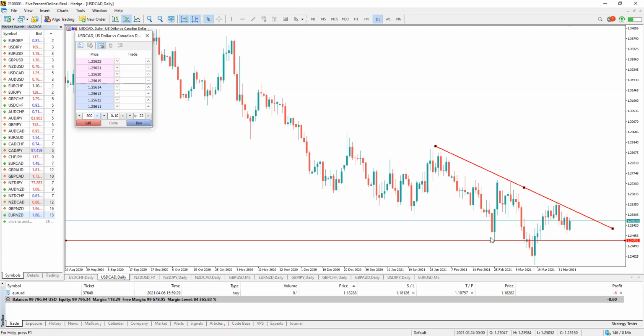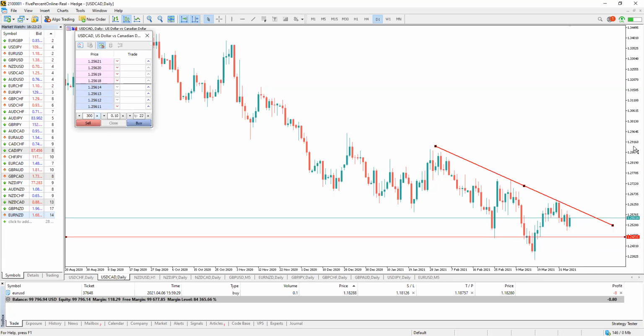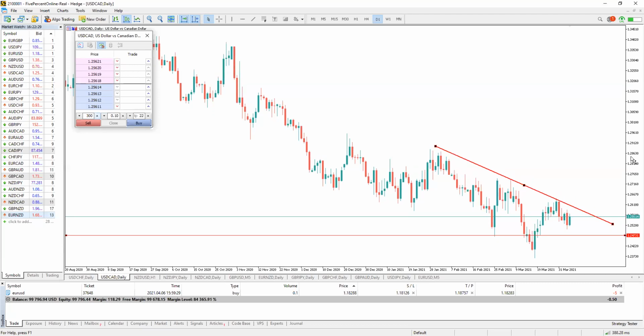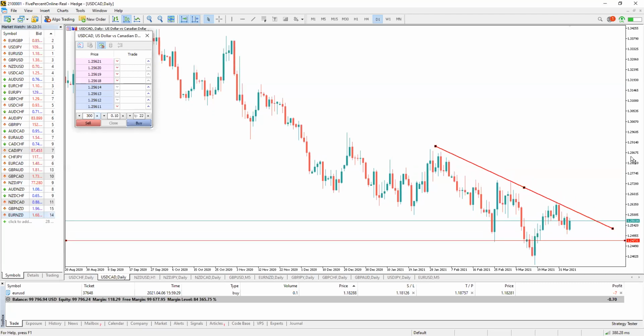Yeah, this might form a reverse head and shoulders. You're right. If it goes a bit lower and then pushes higher, that would be a reversal pattern. But again, I'm not very worried about a new push lower, because I know there's demand right there. So even if it sounds counterintuitive, I want to be buying this pair.